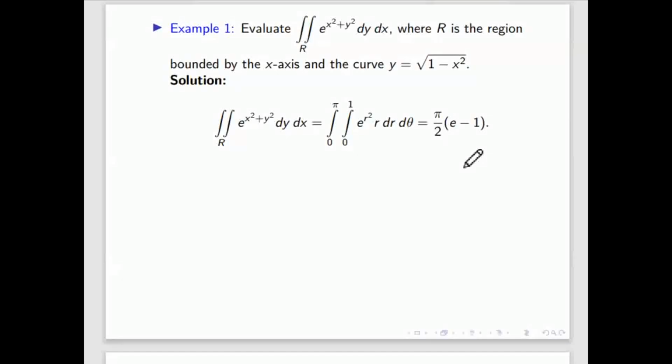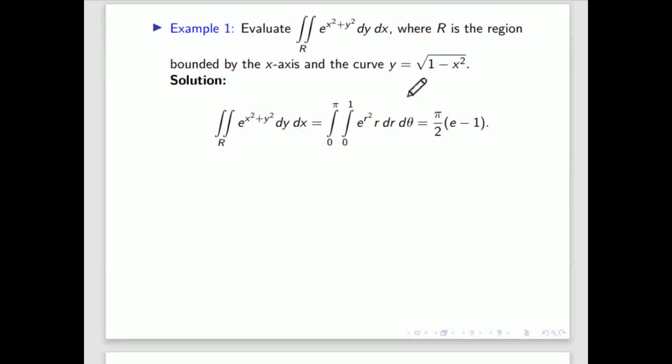Here the question is that you have to integrate e to the power x square plus y square dy dx. If you integrate directly with respect to y, the integration of e to the power y square is not easy. And the domain is given here. So first we'll draw this picture. What is the domain in the xy plane?